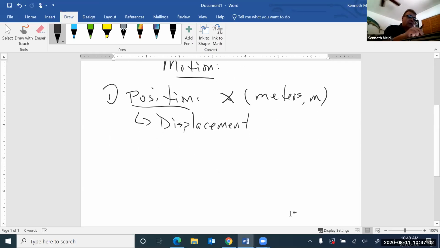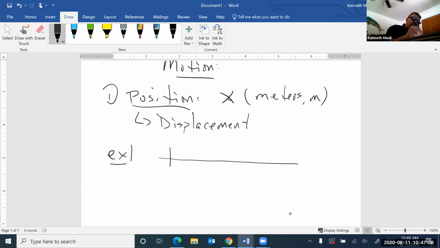So let me just scribble something down here. For example, let's say we've got something that can move on this number line, and the number line is being measured in meters. And let's say that it starts right here, and this is the 1 meter mark. And there's the object, and it's going to end up down here, at some other location.